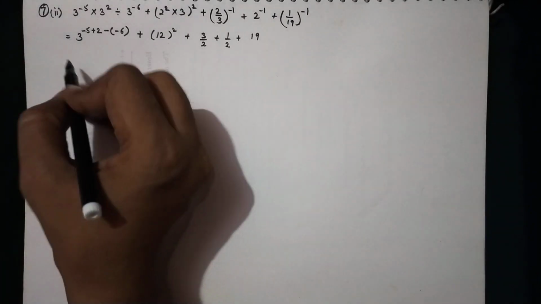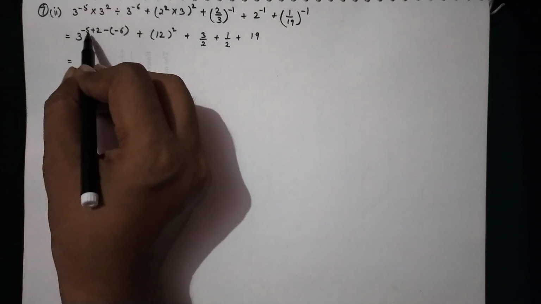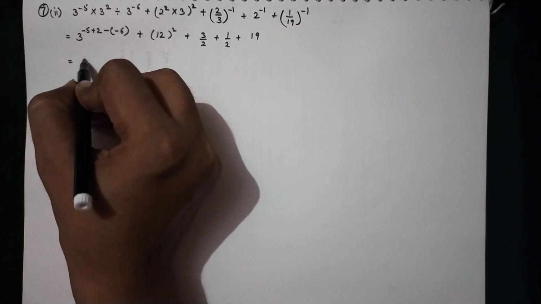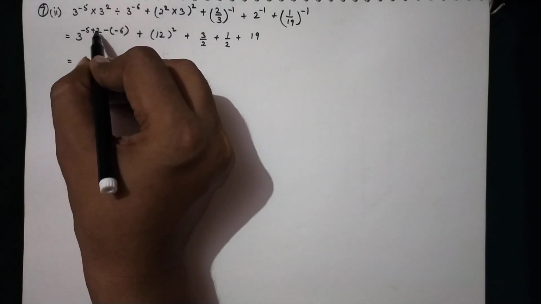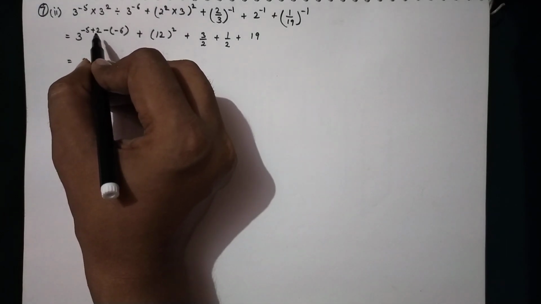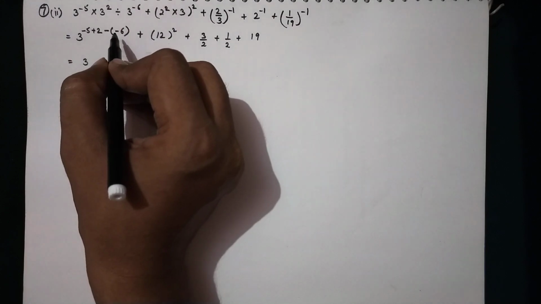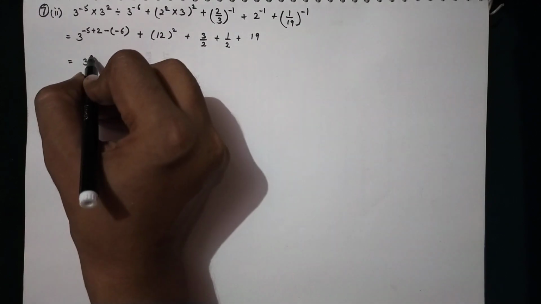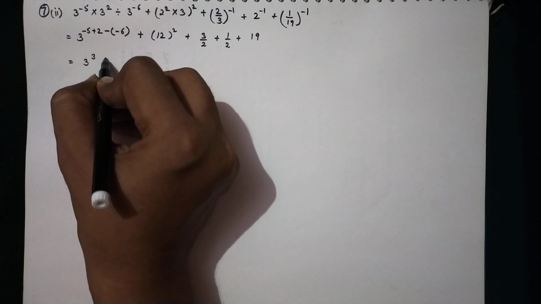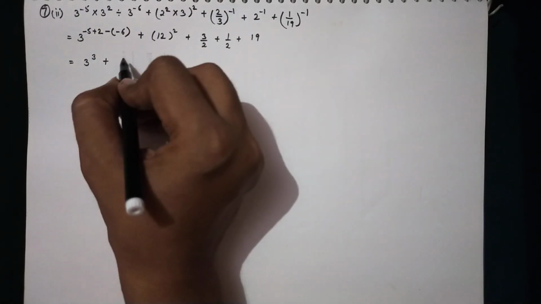Now we solve this. This will be 3 to the power minus 5 plus 2, that is minus 3, and minus 3 plus 6, that is 3. So 3 to the power 3 plus 12 to the power 2, that is 144.